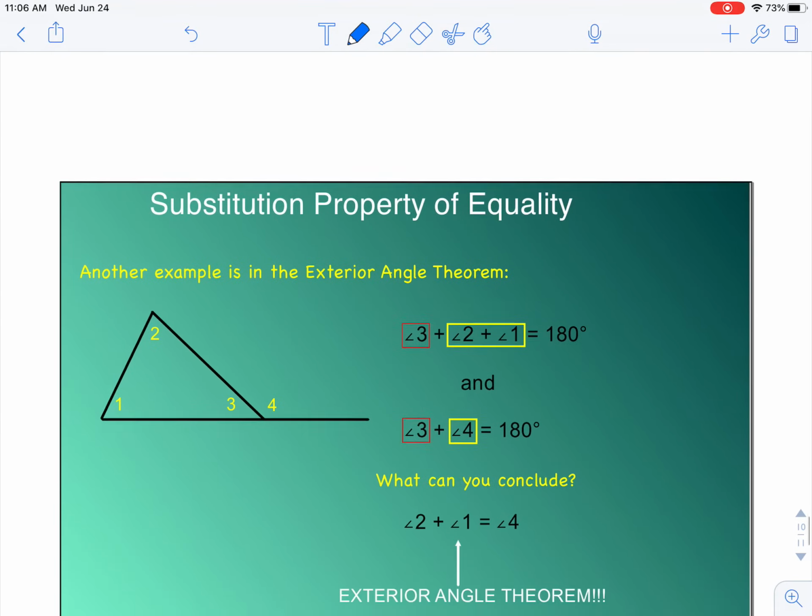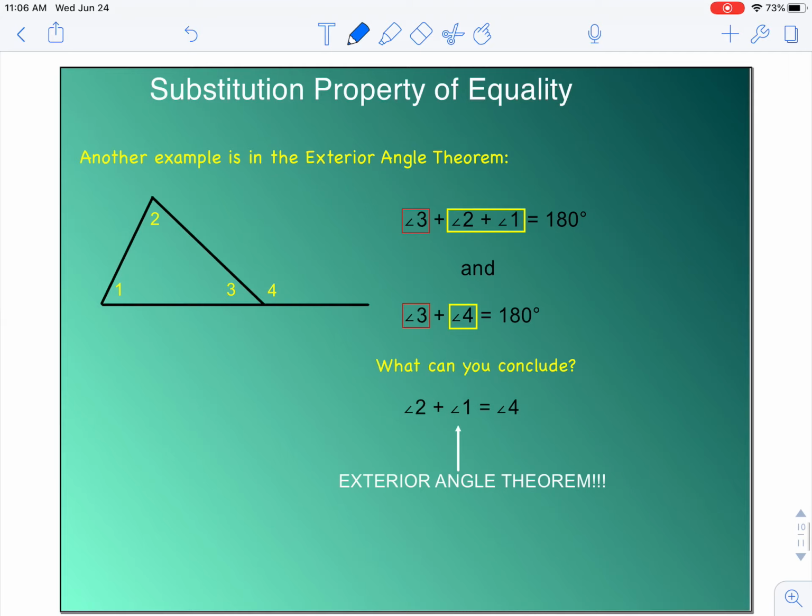Here's another example, maybe this one will resonate more with you: the exterior angles theorem. We know that angle 3 plus angle 1 plus angle 2 equals 180 degrees, because of triangle sum. We also know that angle 3 and angle 4 equal 180 degrees because that is a linear pair.